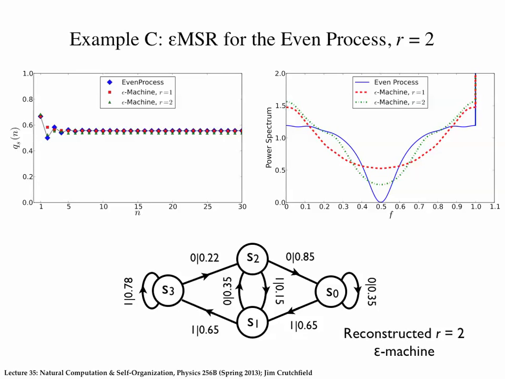And it turns out that the probability from this causal state of seeing a 1, 1 is 0.65 times 0.65, and the probability from this causal state of seeing a 1, 1 is 0.65 times 0.78. So S0 and S1 do not have the same features to length 2. So there is no collapsing of causal states here.